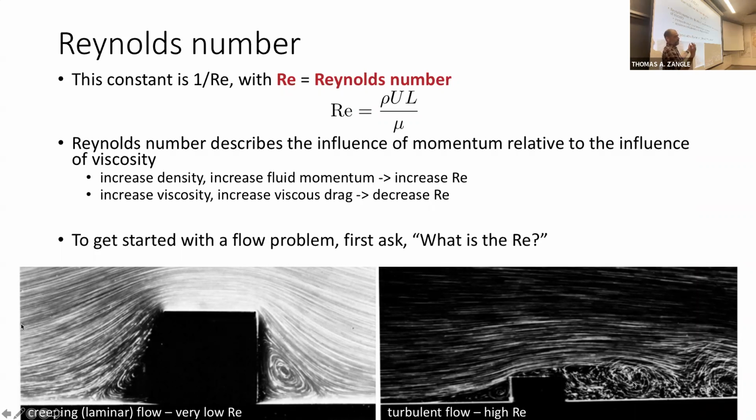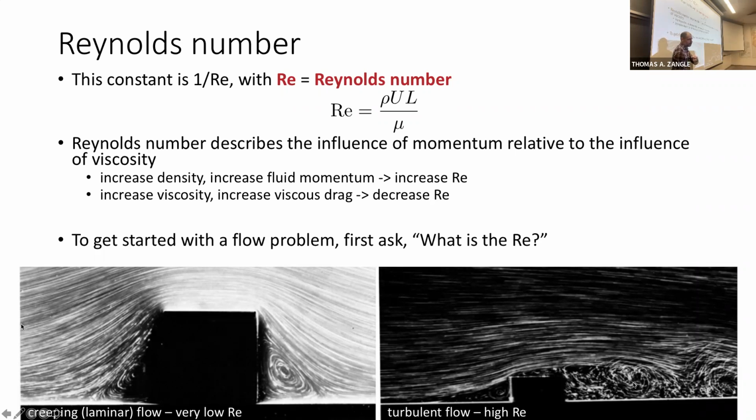You'd have to say, well, I don't know. It depends, right? Because it could be something like this, could be something like this, could be something like this, could be some other behavior that's not shown here. If you don't know the Reynolds number, you really don't know what's going on in a fluid mechanics problem.